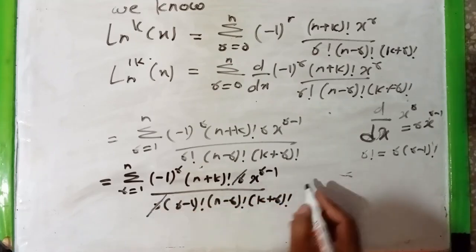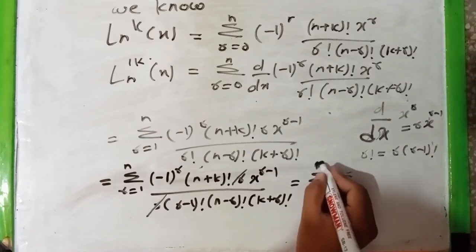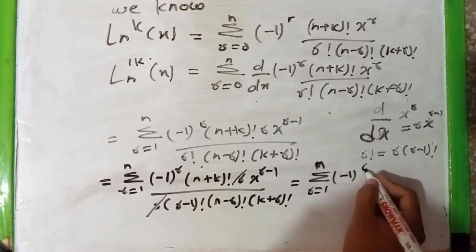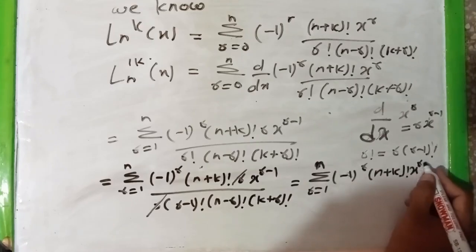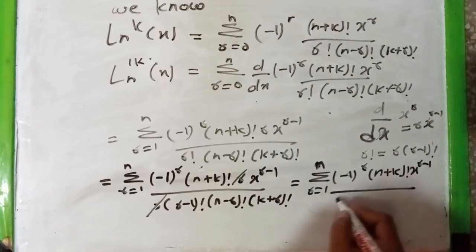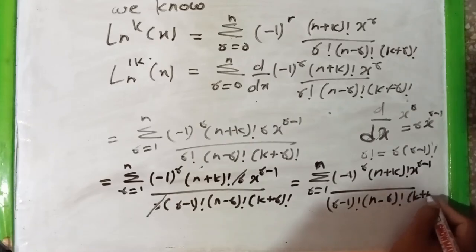This r and this r cancel out, so this becomes the summation over r from 1 to n of (-1)^r (n+k)! x^(r-1) over (r-1)! (n-r)! (k+r)!.